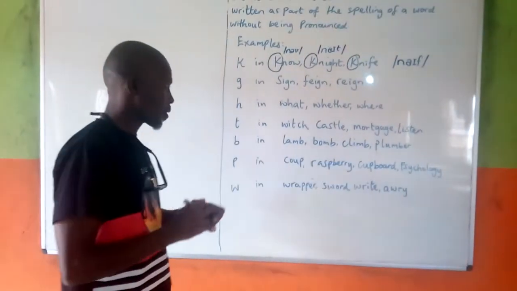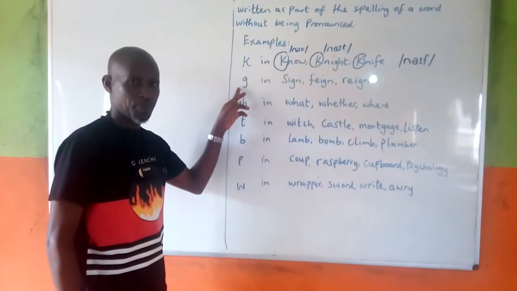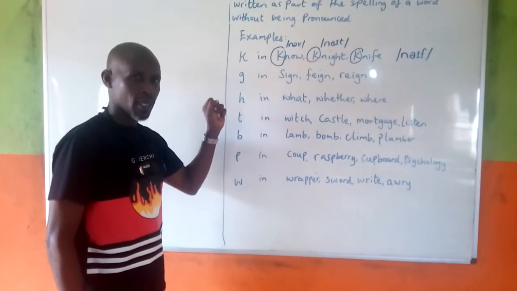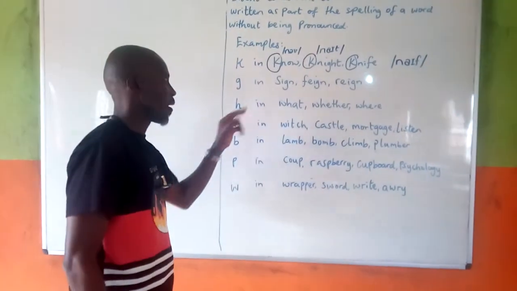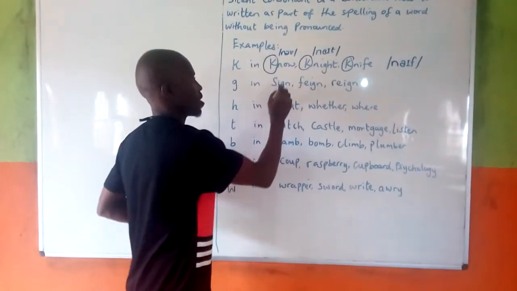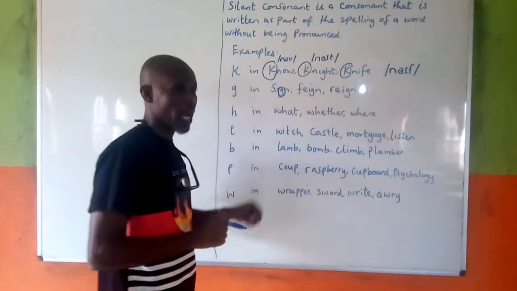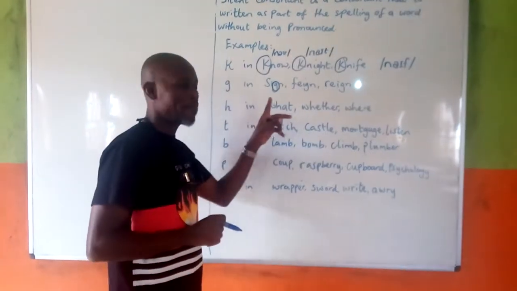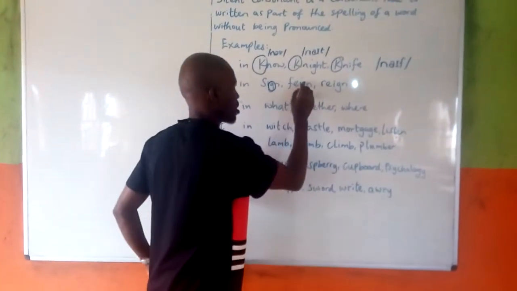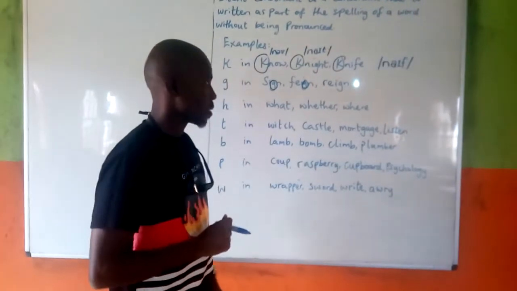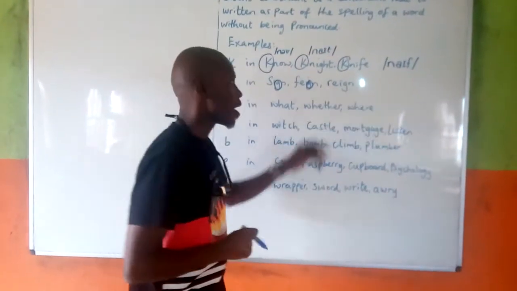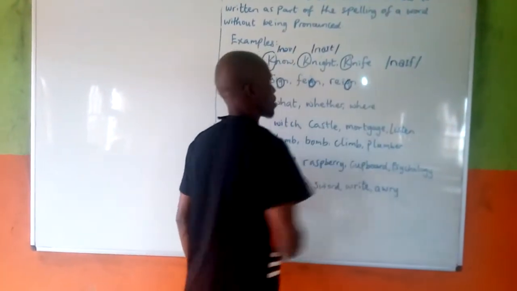Now let's look at another one, which is the letter G. It's pronounced "good". It's another consonant sound. Now in "sign", the letter G is silent. It's a silent letter. And also in "feign", the letter G is silent. Likewise in "rain", the letter G is silent.